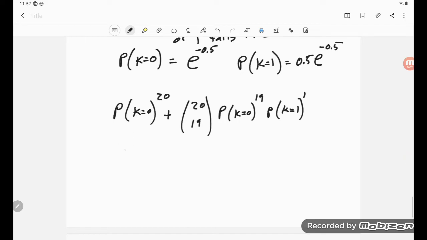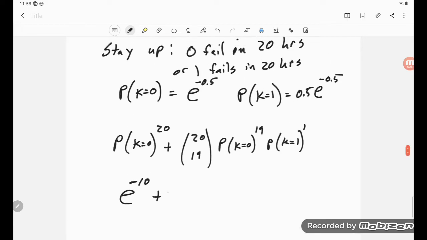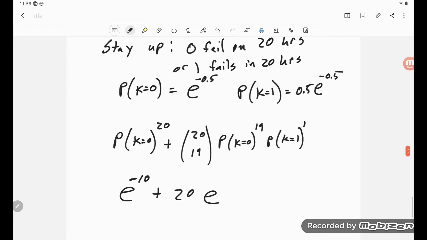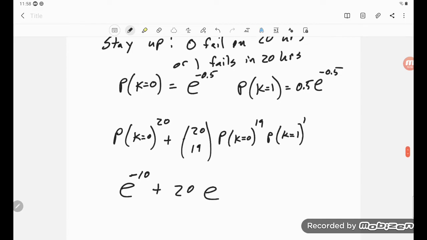And so we end up with this, which is k equals 0 to the 20th, that is e to the minus, what's 20 times 0.5? That's 10. And then plus 20 times e to the, I need 19 times that, so that'll be minus 9.5, and then times e to the k equals 1, so that's, oh, I lost my 0.5 there.